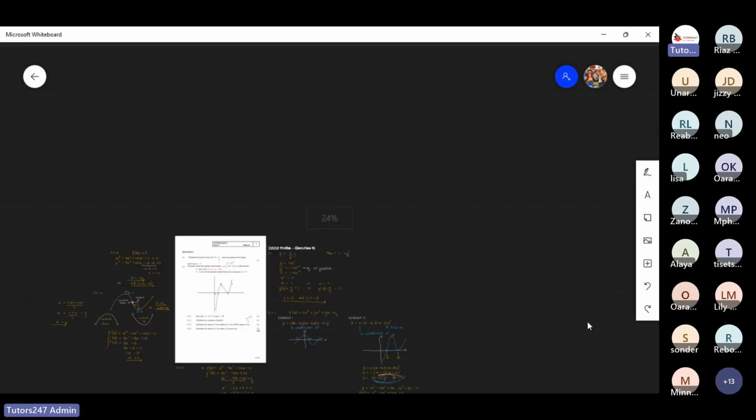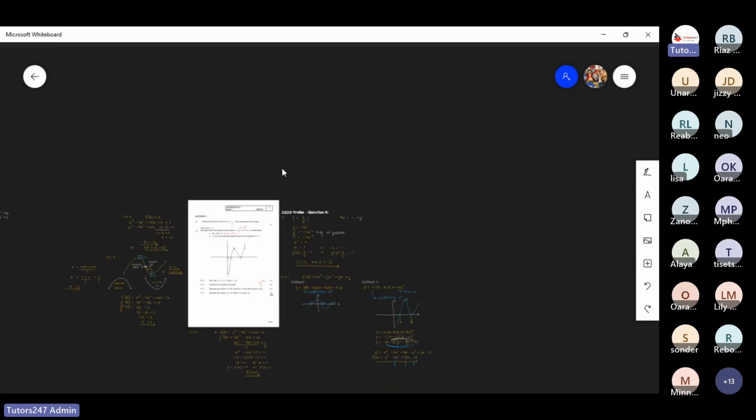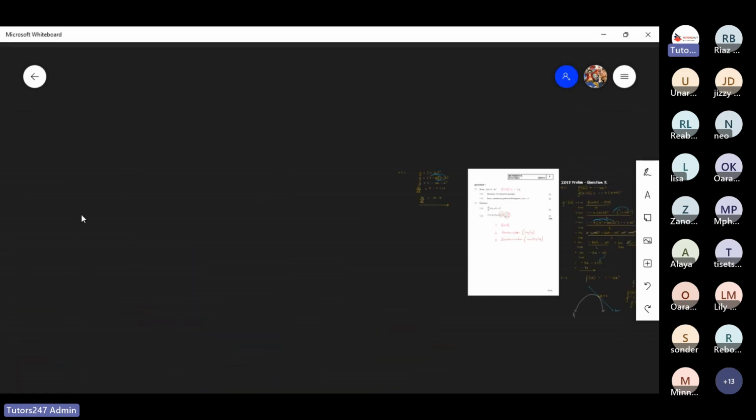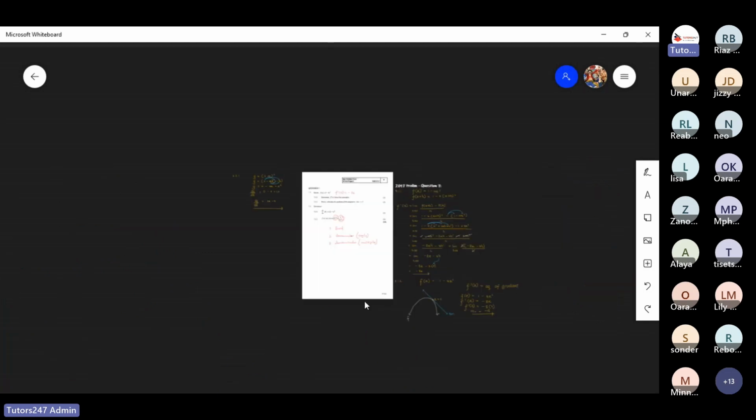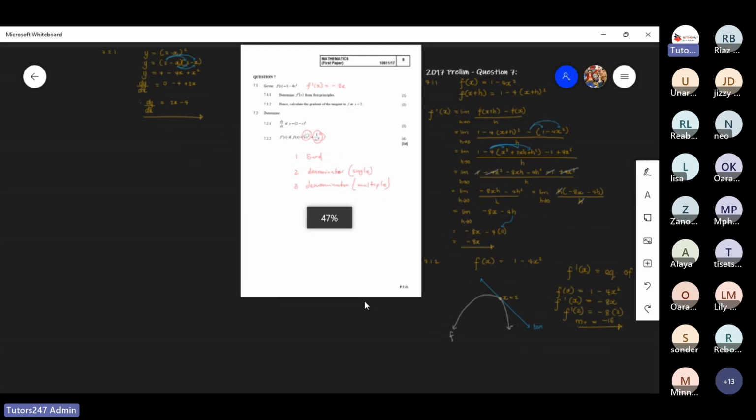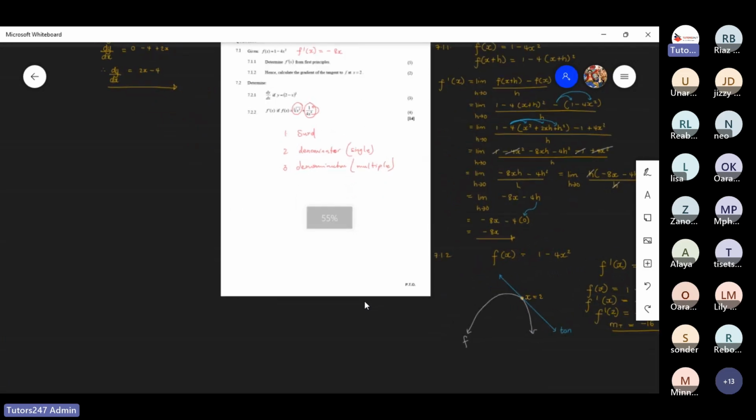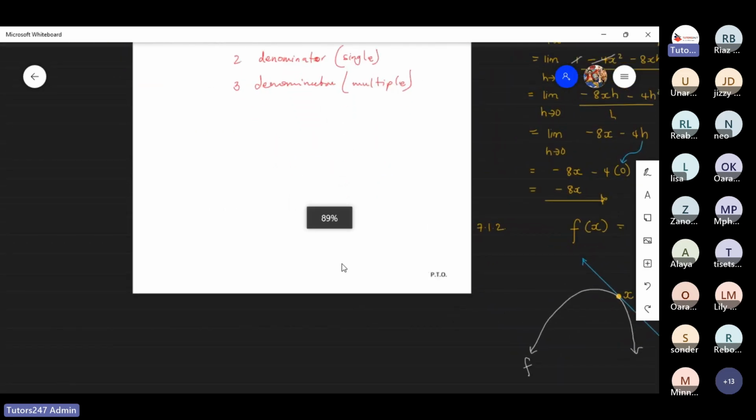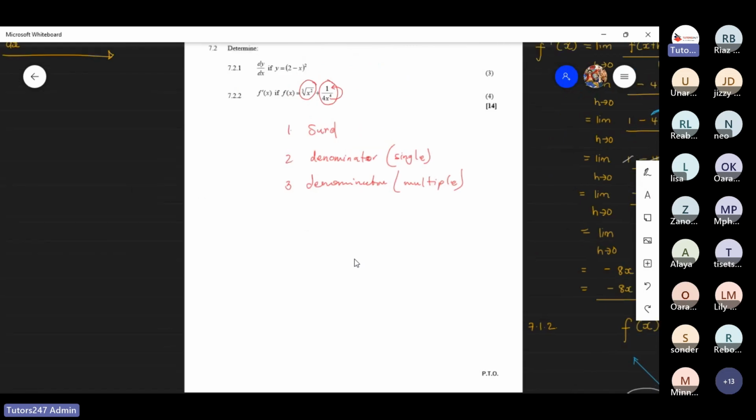If you have multiple terms in your denominator, whereby one of those terms is the variable that you are deriving with respect to, then you need to simplify the numerator such that it gets rid of the denominator. You need to cancel out the denominator. So keep that in mind before deriving.